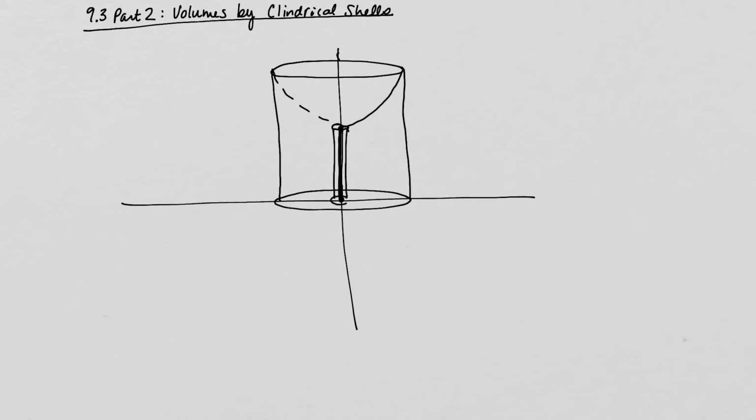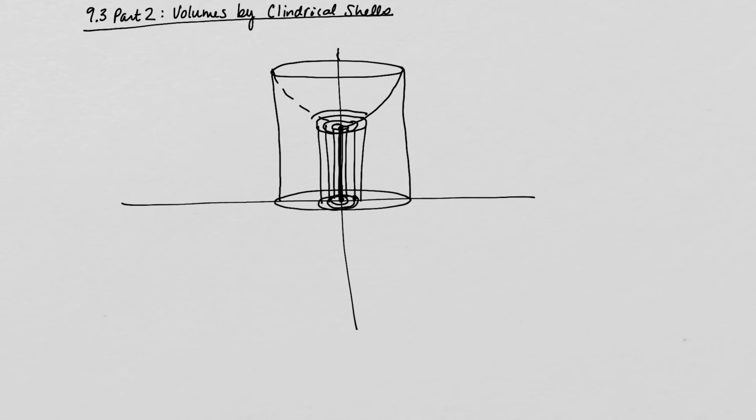If I started taking cylinders that were like the width of a piece of paper, and I kept wrapping them around, eventually I would begin to build out my shape. I'm not drawing obviously every single cylinder, but you can see that basically we can build the shape from a bunch of cylinders.